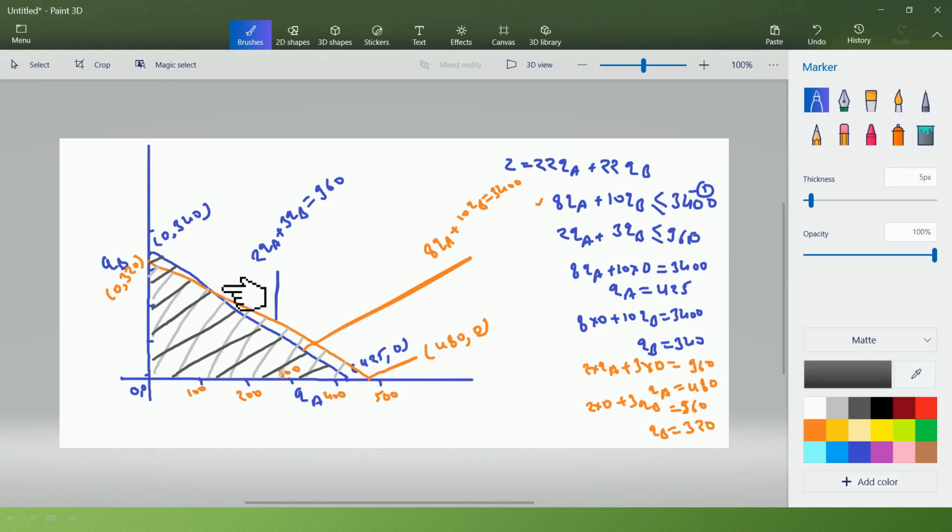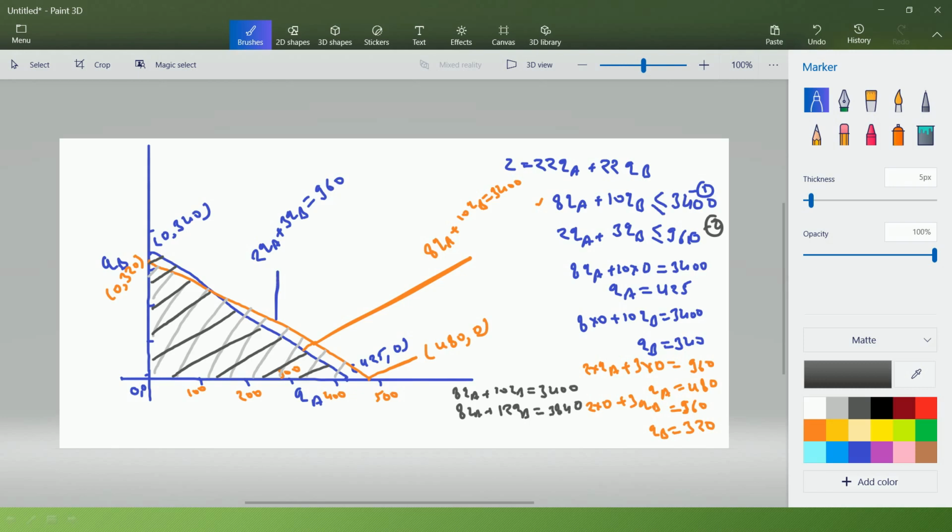If you want to find the intersection point of these two equations, multiply equation 2 by 4. Let me show it to you. 8QA plus 10QB equals 3400, and 8QA plus 12QB equals 3840.